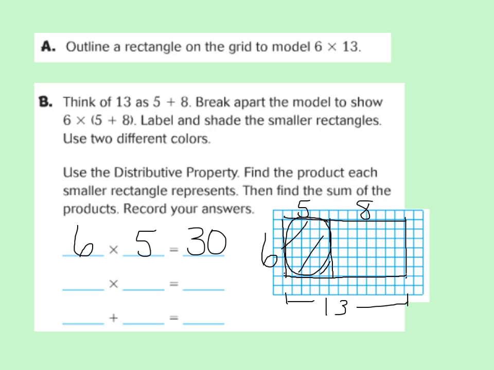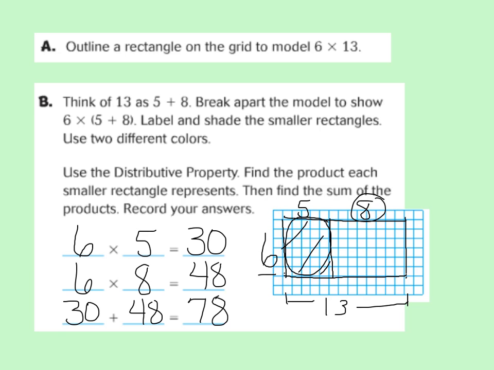Now I have to multiply the 6 times the 8 part right here. 6 times 8 equals 48. And then all I have to do is add those up. So 30 plus 48 equals 78. And we have just solved the problem 6 times 13. 6 times 13 equals 78.